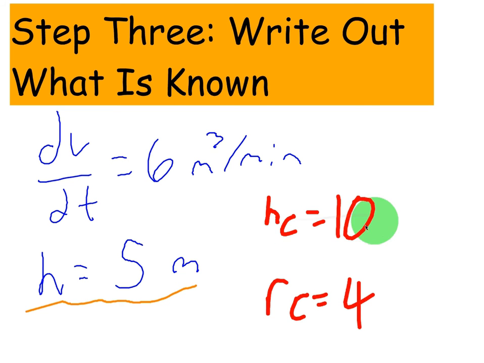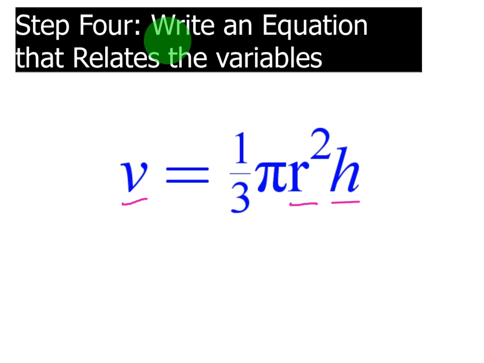These over here were just the measurements of the cone itself, so 10 meters high by the radius of 4. You notice for step 4, we wrote an equation that relates the variables, the volume of a cone, but we have three variables. So in this case, we will be implementing step 5. We want to try to eliminate one of these variables so we can just have it in terms of two variables.